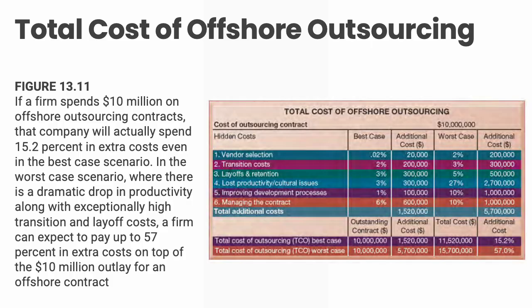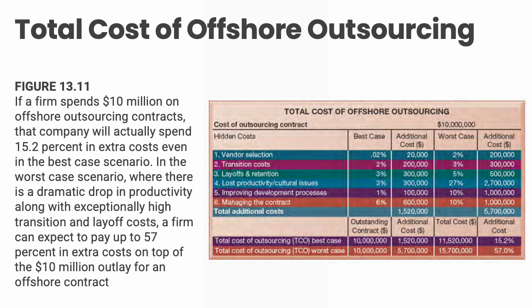Alright, class, now let's look at this figure. It shows something very important about offshore outsourcing, which means hiring a company in another country to do the IT work. And many companies think that outsourcing will save them a lot of money.